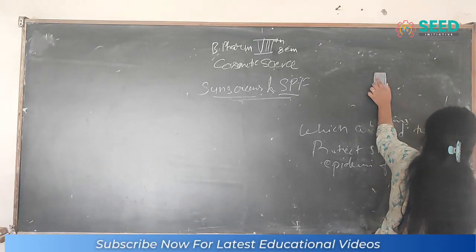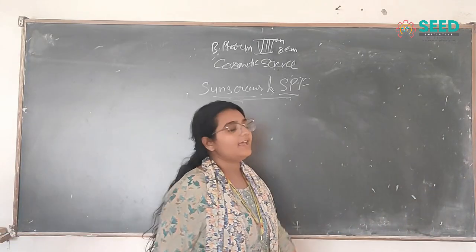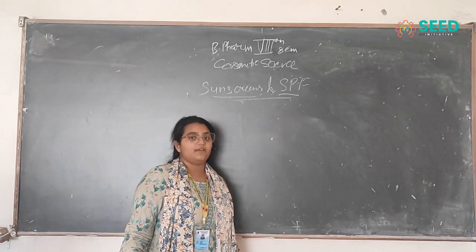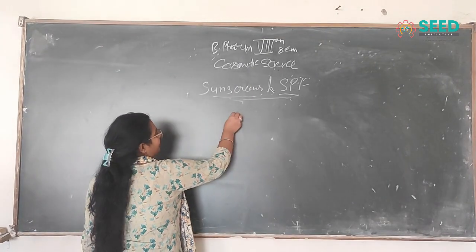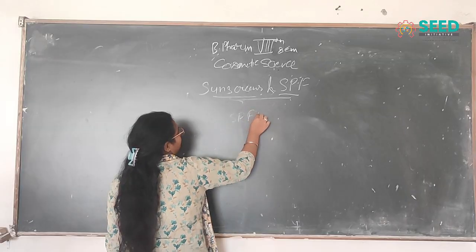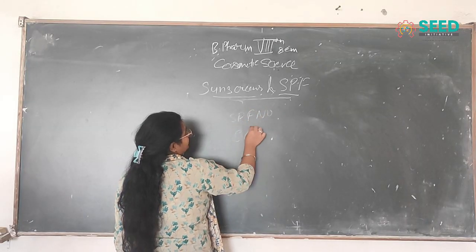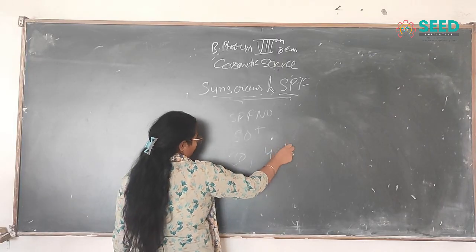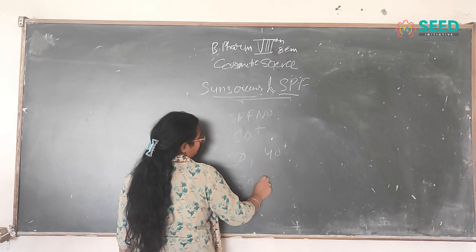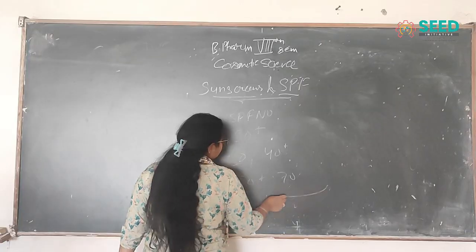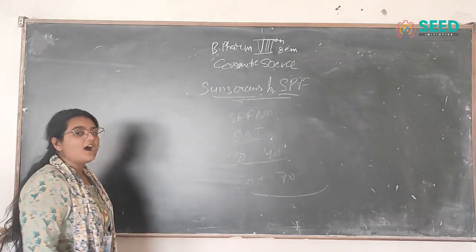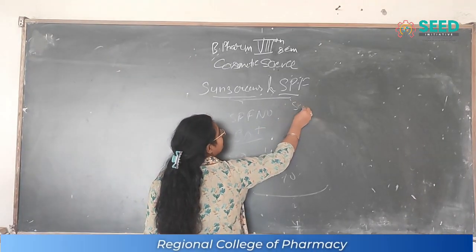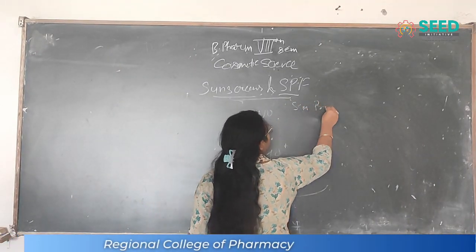How do we describe SPF? Nowadays, when all of us use sunscreen, we have to check the SPF number, like 50 plus, 30, 40, 80 plus, 70. So these are the different SPF numbers. How do we get these SPF numbers? We call it the sun protection factor.